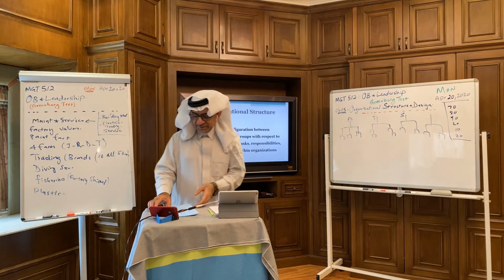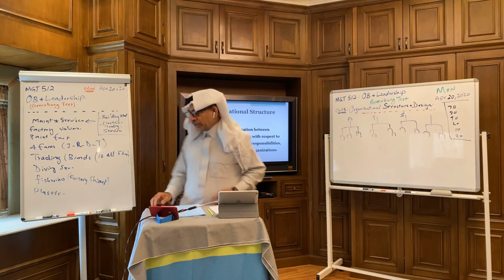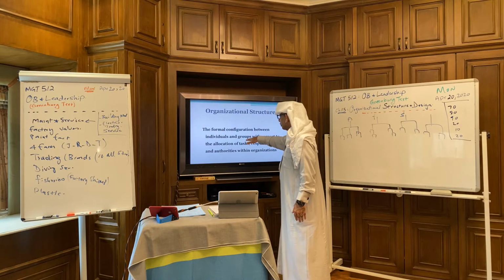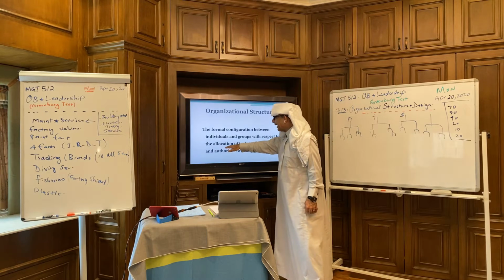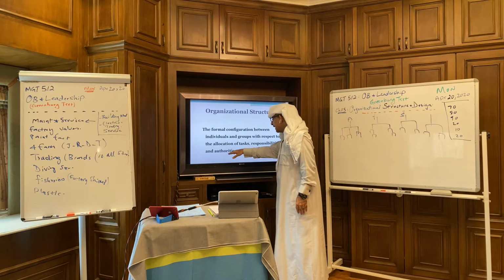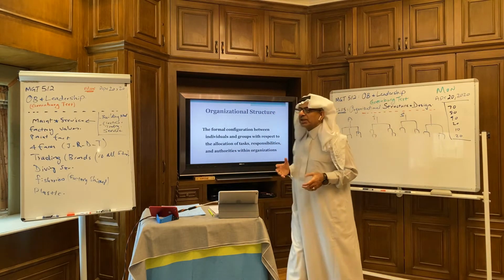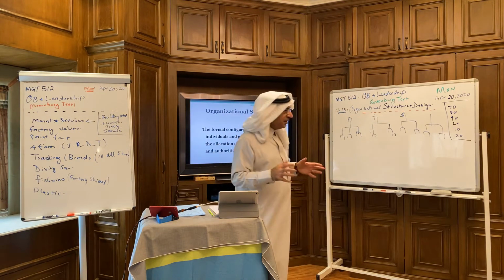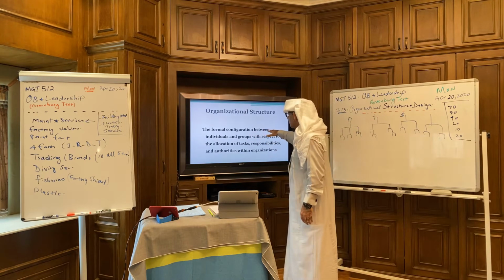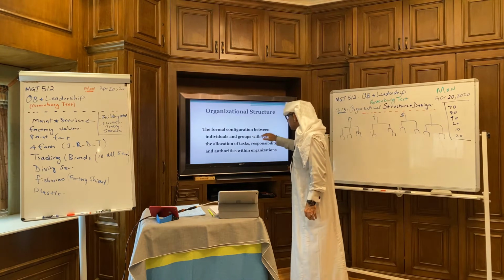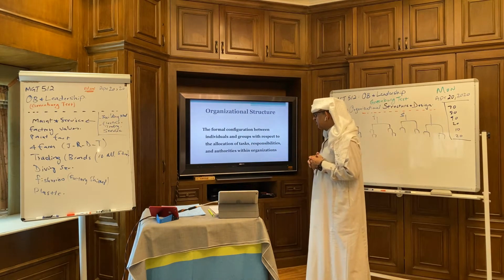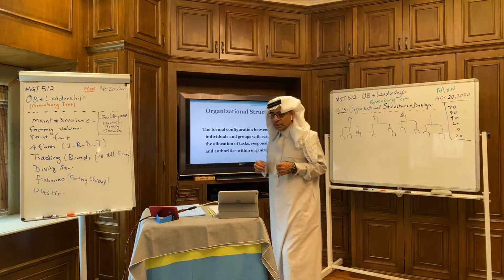Organizational structure is defined as the formal configuration between individuals and groups with respect to the allocation of tasks, responsibilities, and authorities within the organization. This is what we mean by organizational structure.